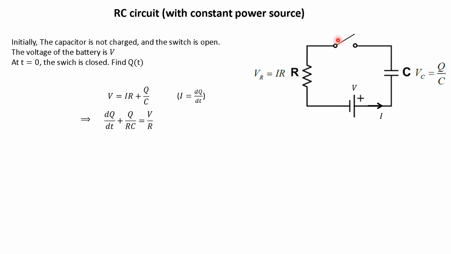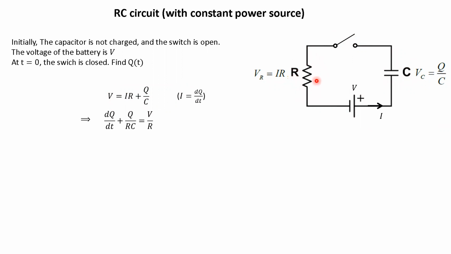As this circuit is closed, at any time we can set up this equation. The V of the circuit has to equal the potential difference across the capacitor plus the potential difference across the resistor.